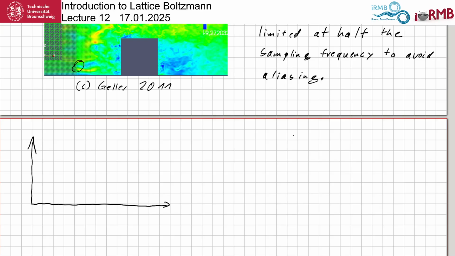Let me write down a sentence. Consider the Fourier transform of discrete data points, because this is what we have.